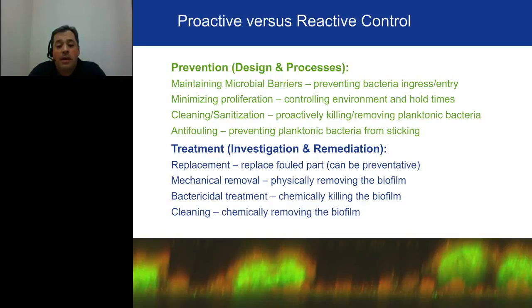So ways to prevent that. We already talked a little bit about making sure that you have microbial barriers, minimizing your ingress of microorganisms into the system. You also want to, as we talked about, minimize proliferation of microorganisms in the system. You want to come up with a good preventative cleaning and sanitization program. And then I've got anti-fouling on here. Now, when I say anti-fouling, I'm not really thrilled with some of the anti-fouling materials that are out there in the manufacturing environment, or that are being sold into the manufacturing environment.